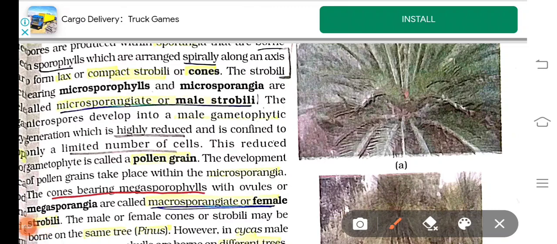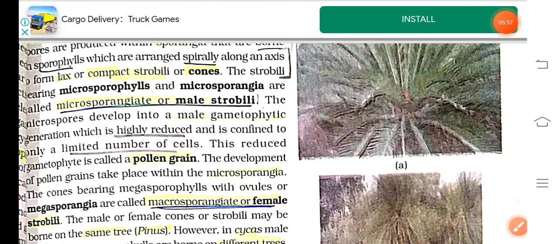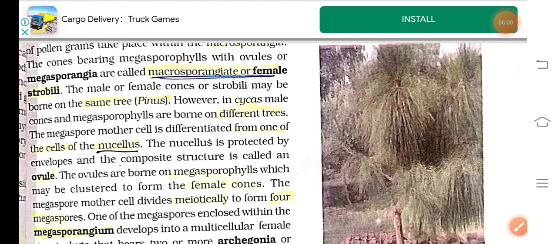It means that the females which bear cones bear them in the megasporangia, and they are called macrosporangiate or female strobili. I hope it is clear. See, for male it is strobili, for female it is your cone. I hope it is crystal clear.